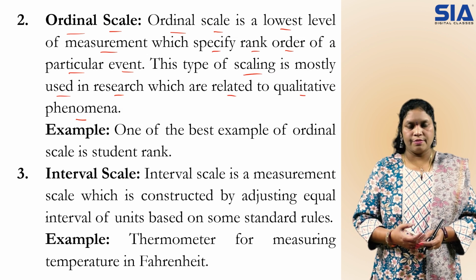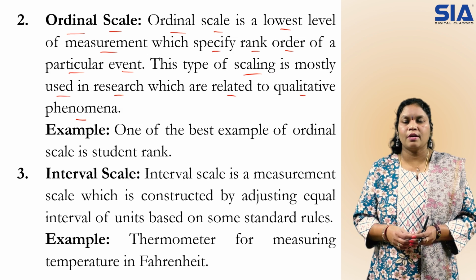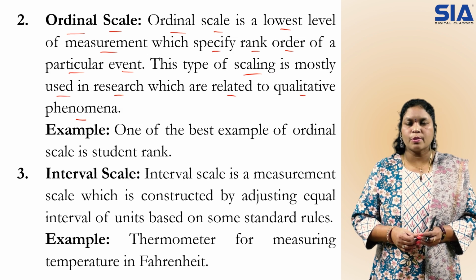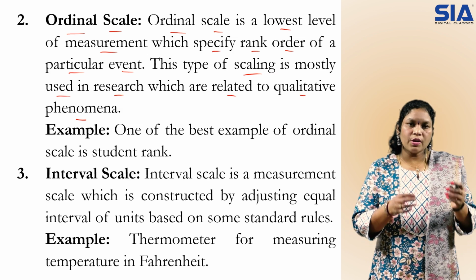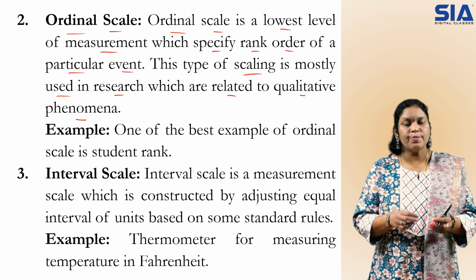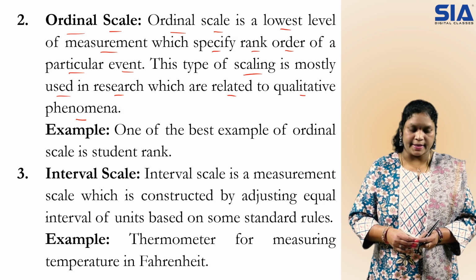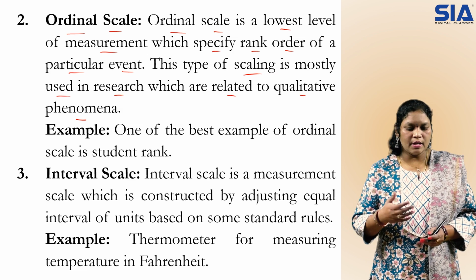Ranks we cannot directly fit into particular distributions or tests. So we use those ranks in this ordinal scale, and we sort them using a particular test in this non-parametric type of data. So that is the ordinal scale.